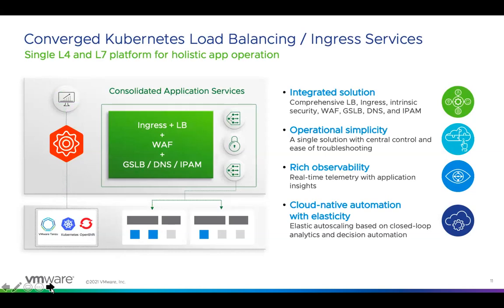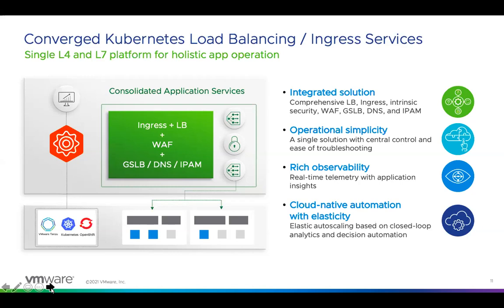So that's where Avi comes in. Avi gives a single consolidated solution to all of these problems. It's a single solution which provides everything, right from ingress and load balancer, which is the default thing to do for an ingress service. In addition to that, it provides web application firewall, integrated IPAM and DNS to manage the IP addresses and the FQDNs of your service, and also GSLB, all under a single license.